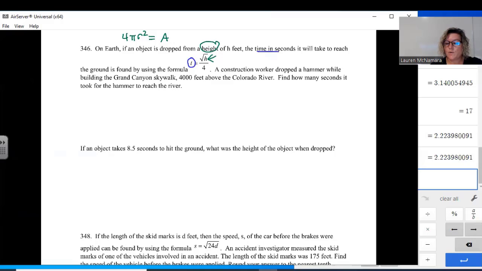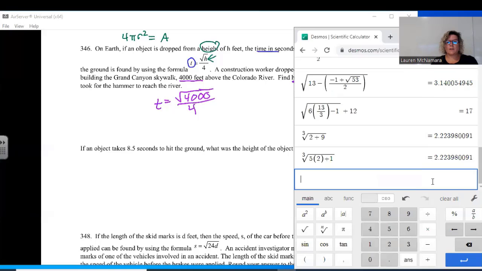So now this question asks me to find how many seconds. So I know I'm looking for T. So now I have T is equal to 4,000 feet. So I have the square root of 4,000 divided by 4.